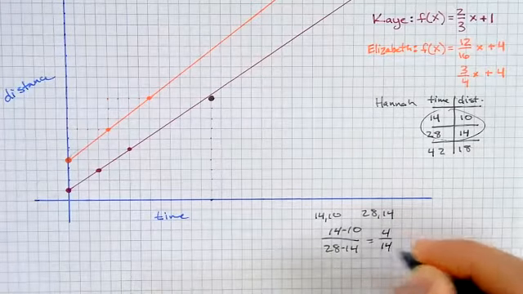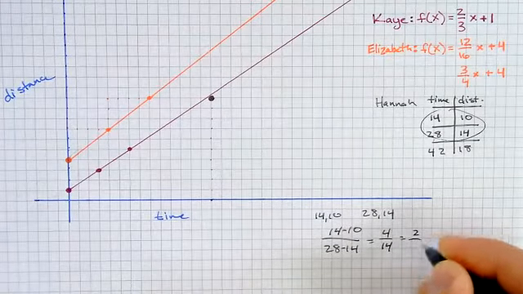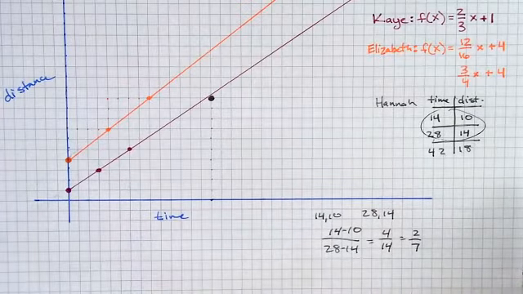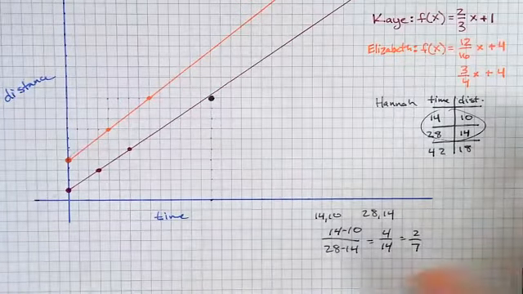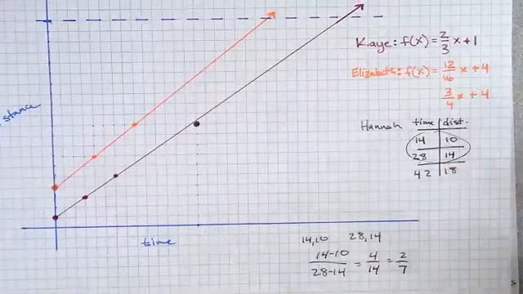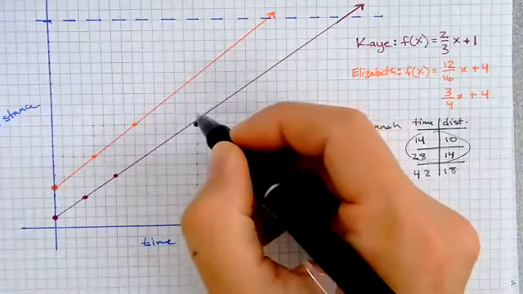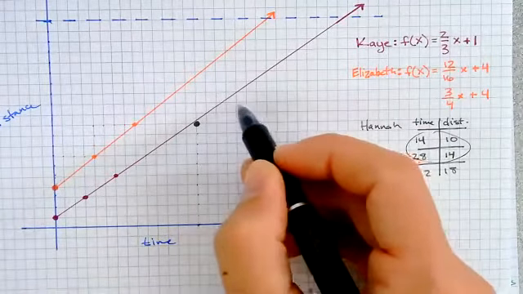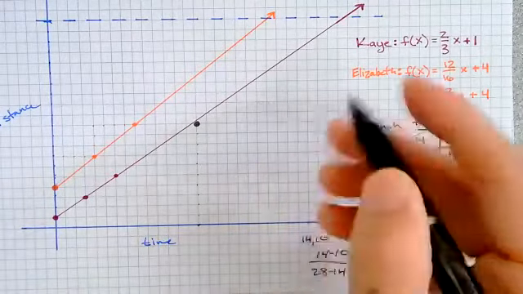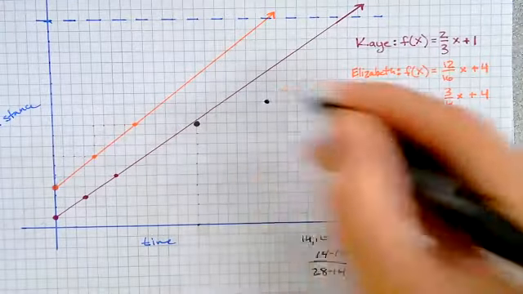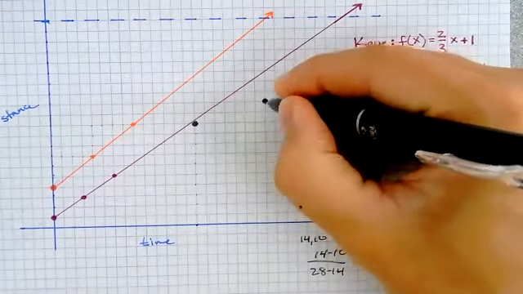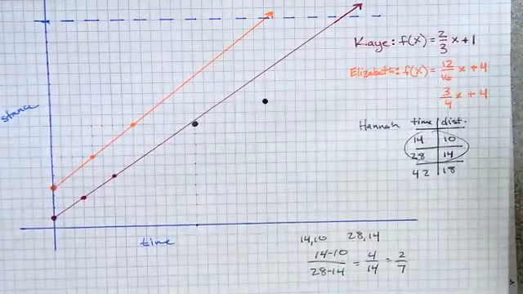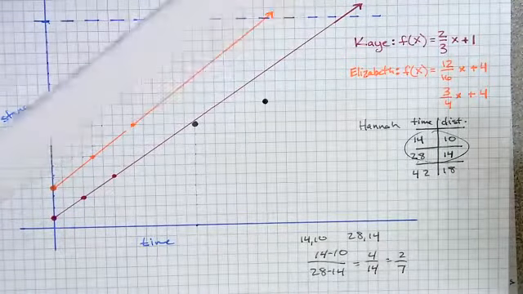I get 4 over 14, or 2/7. A little less work. Maybe it's the same, I don't know. But now I'm just going to count up 1, 2, 1, 2, 3, 4, 5, 6, 7. So I get her second point there.